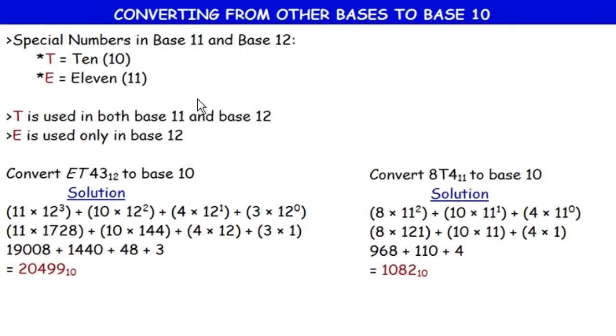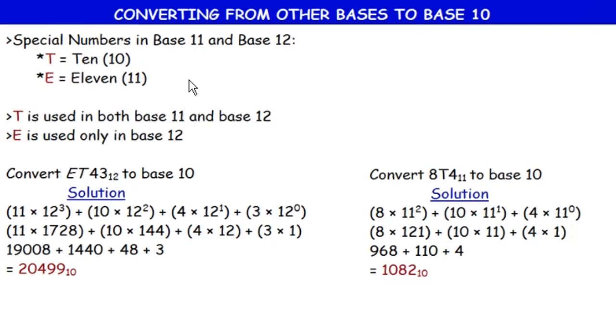Now you remember I told you that for any given number base, the highest digit under that particular base must be 1 less than that particular base. So if we are treating base 2, or if you are working in base 2, the highest digit should be 1.